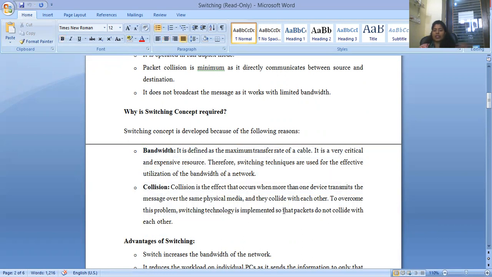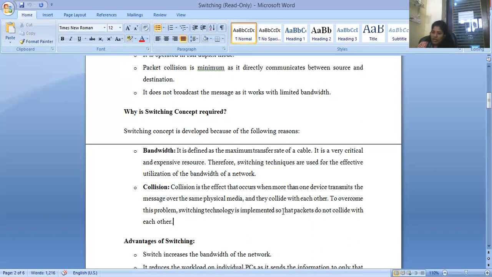Suppose you are transmitting some data to the destination side, then what will happen? The bandwidth of that communication channel is very low and your data packets are larger than the capacity of your bandwidth. Then the communication channel may crash, or some problems may arise during the transmission.